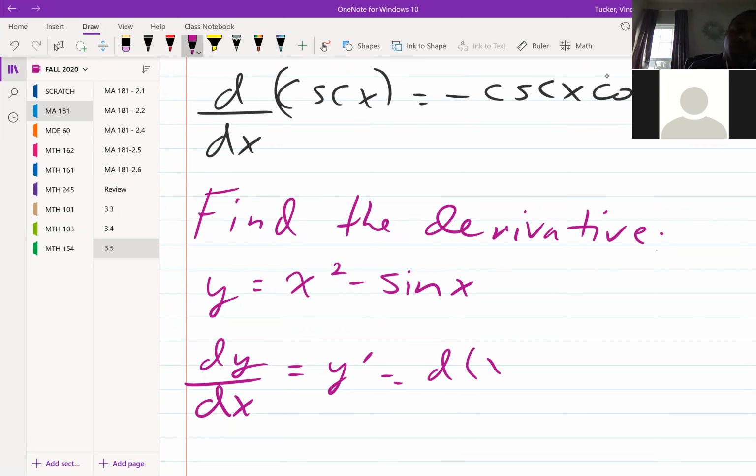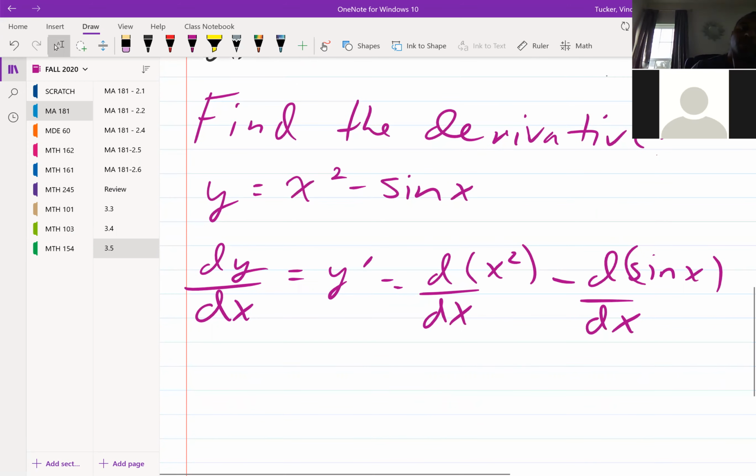So what we can do is take the derivative of each term individually. The derivative of x squared, don't forget how we handle that. You bring your exponent down front, so that'll be 2x, and then you do 2 minus 1, or whatever that exponent minus 1.